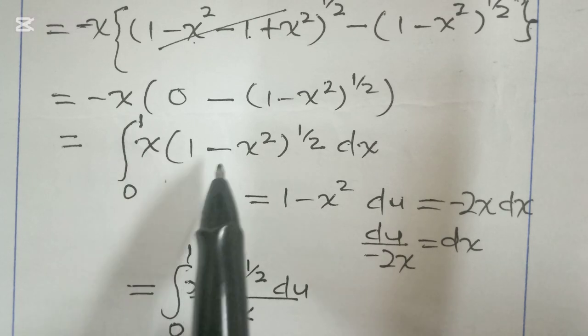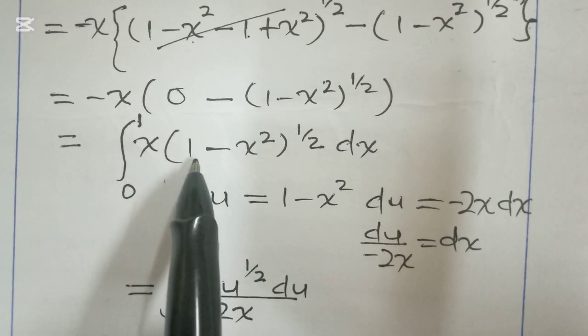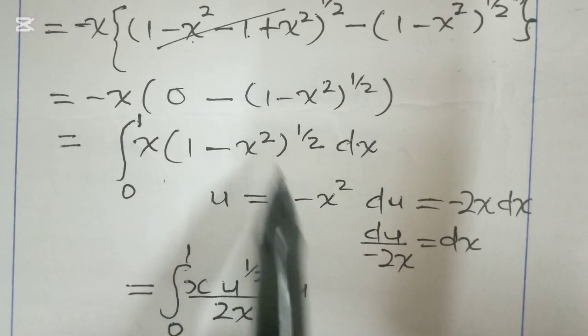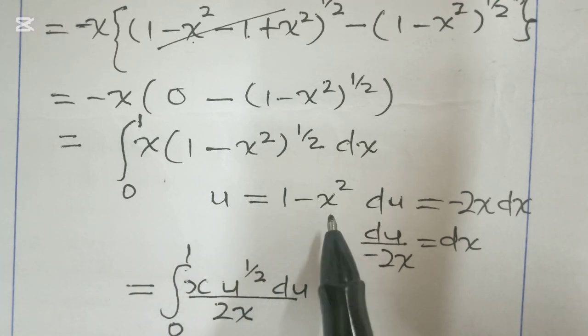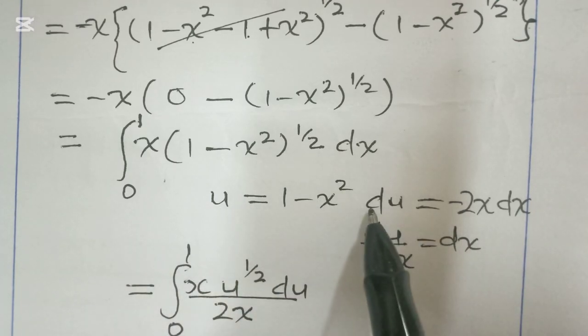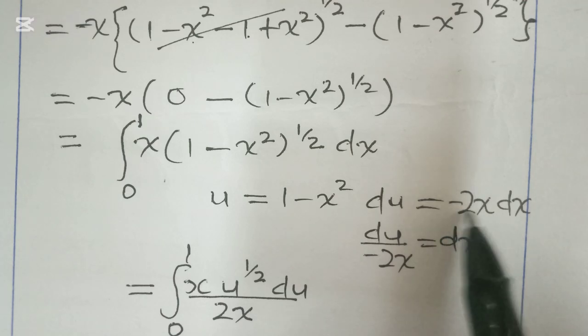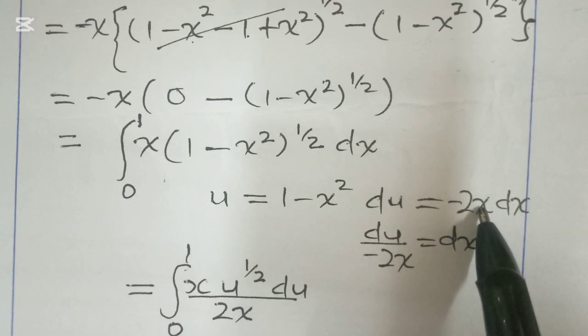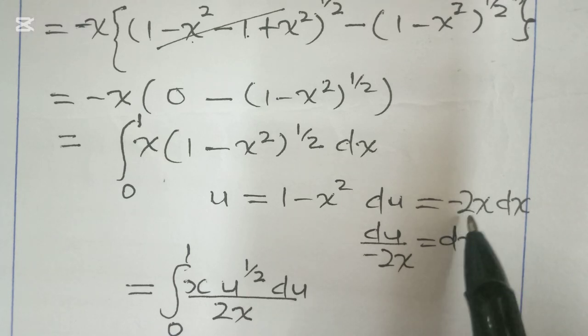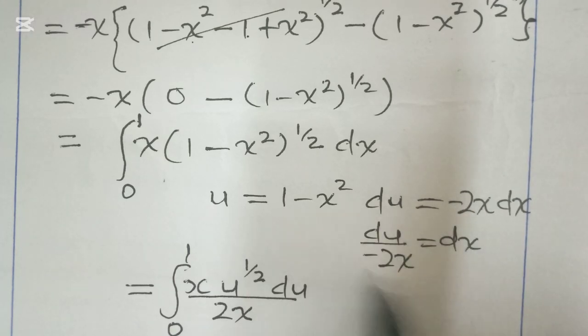So from there guys, I have replaced 1 minus x squared with u, so that u is equal to 1 minus x squared. When you differentiate that, it will be du is equal to negative 2x dx. And then guys, I can bring this dx to minus 2x this side. So we are left with that.